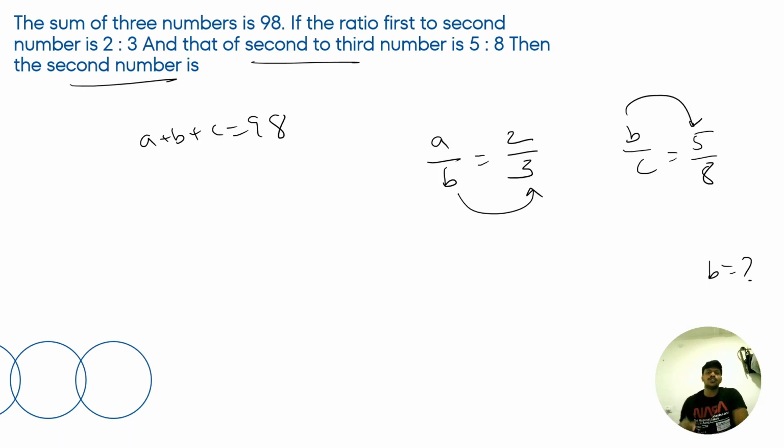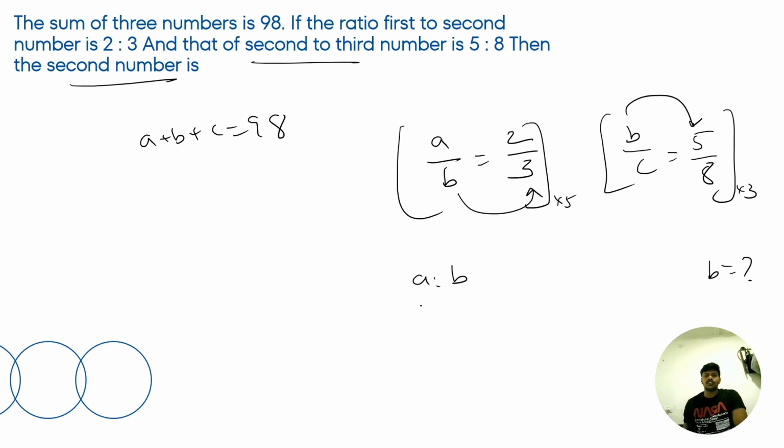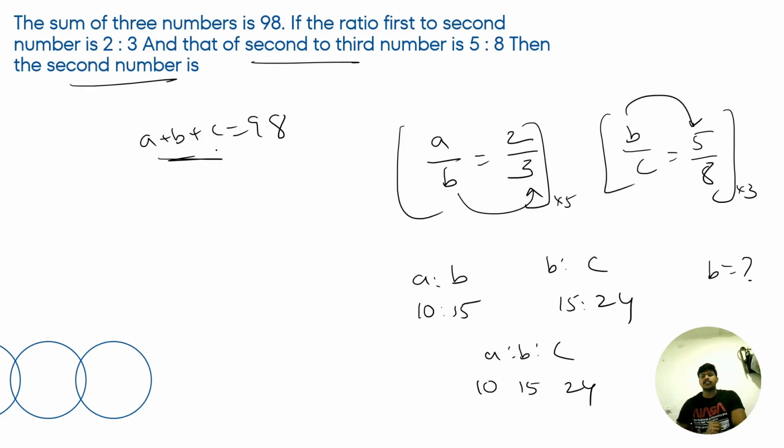So what I'm going to do is multiply this ratio with 5 and this ratio with 3. Then what will happen? A is to B is going to be 10 is to 15 and B is to C is going to be 15 is to 24. So A is to B is to C equal to 10 is to 15 is to 24. Right. Now I have A plus B plus C here.